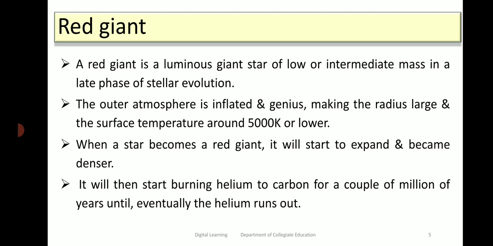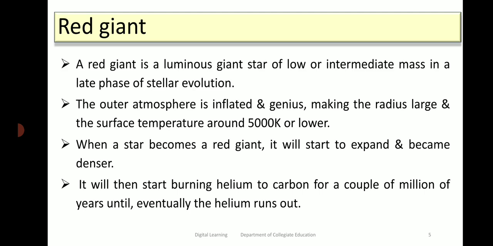So now first we will understand what a red giant is. A red giant is a luminous giant star of low or intermediate mass in a late phase of stellar evolution. The outer atmosphere is inflated and tenuous, making the radius large and the surface temperature around 5000 Kelvin or lower.